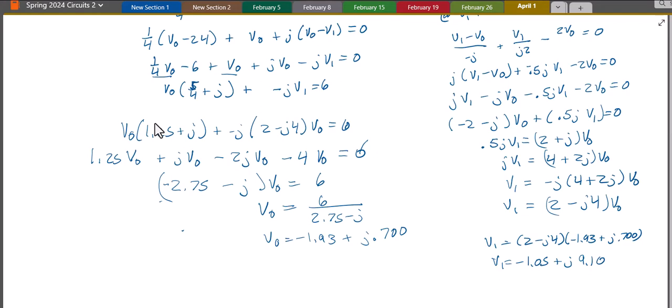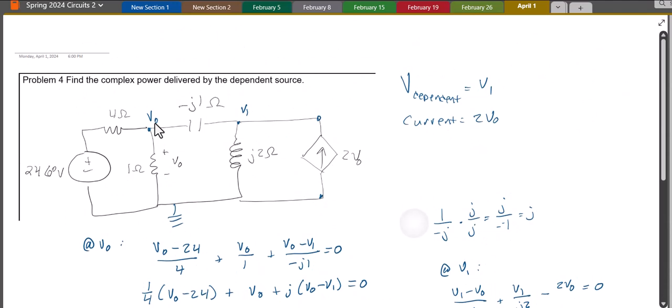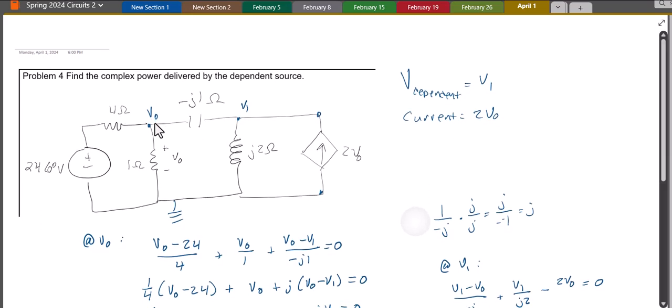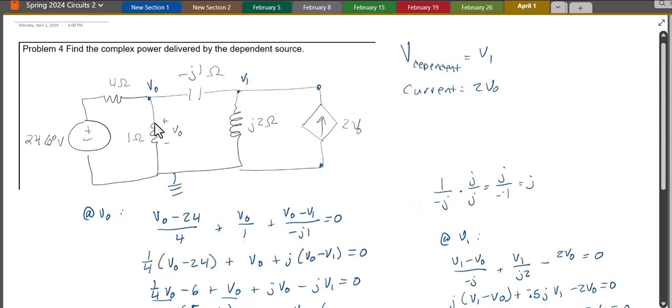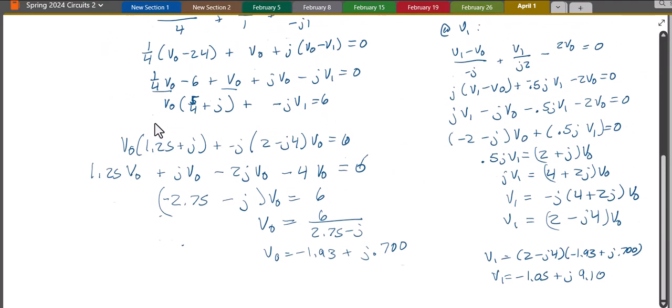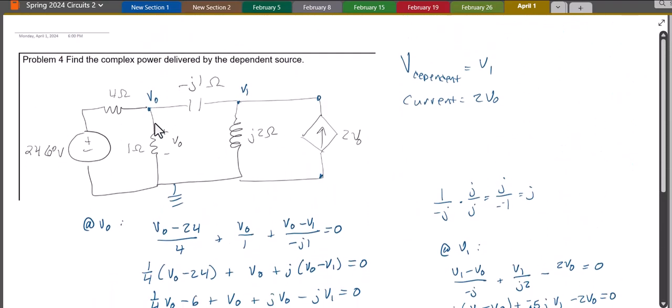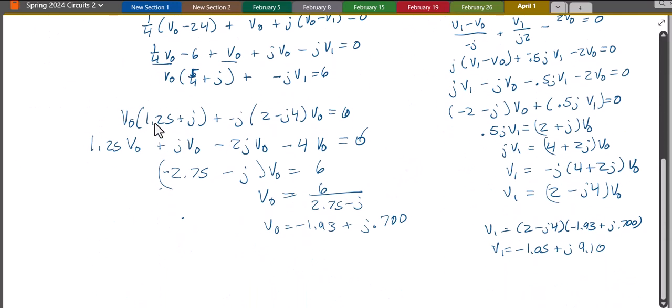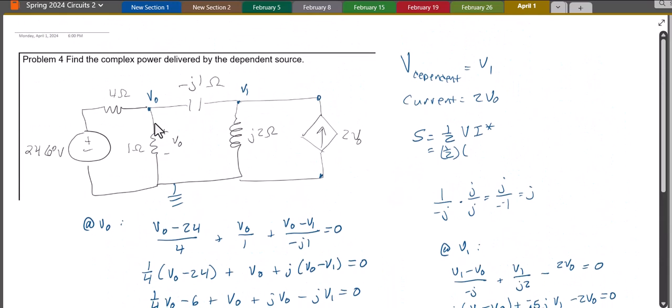Alright, and so now my complex power will equal 1/2 V I conjugate, which will be 1/2, and the V I just found, minus 1.93 times 0.7.